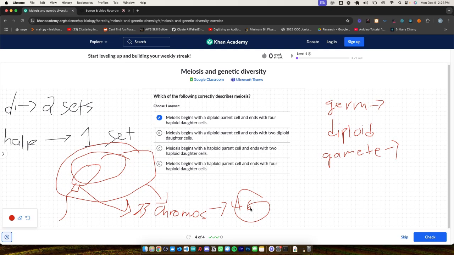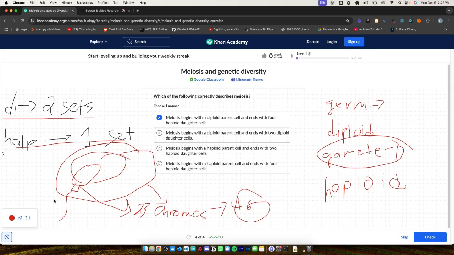And that 46 chromosome cell is the amount of chromosomes that we have in each of our cells after that, right? And that means these gametes are giving half of the total amount of sets that we use in our chromosomes. We know that we're going to have two sets of chromosomes in diploid cells, but in haploid cells, we have one. So therefore, a gamete is going to be a haploid cell. I misspelled haploid, so that's my bad.